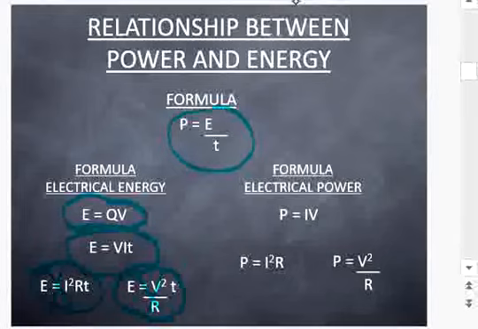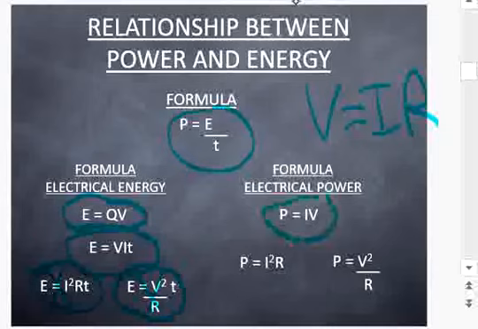these two formulas. By the way, there's one more formula over here: V is equal to IR. You learned this before. The formula for electrical power is P is equal to IV.